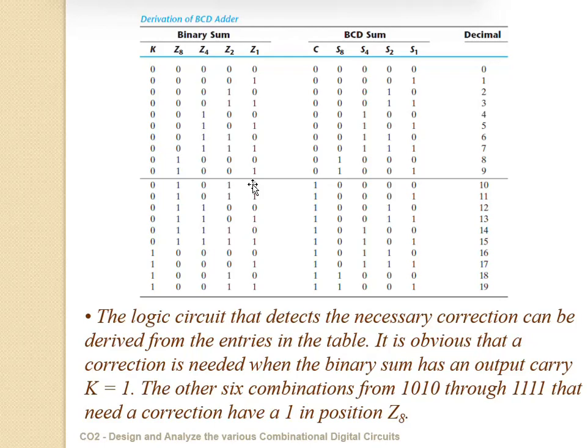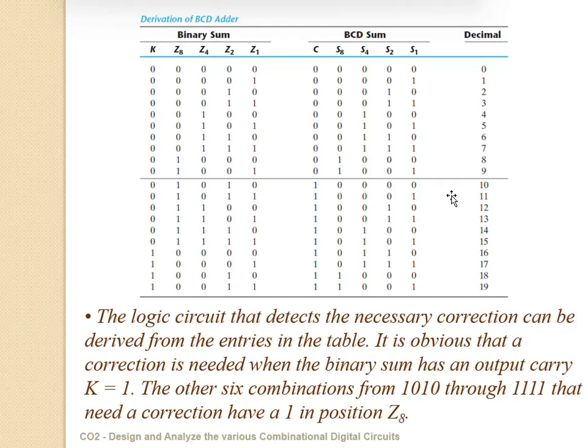But in BCD, as I said, 1 should be represented by 4 bits and 0 should be represented by 4 bits. So 1 is represented by 4 bits, 0001. So zeros don't have any significance over here, so we have represented only 1. And 0 is represented by the 4-bit value 0000. And this pattern follows from decimal 10 to 19.